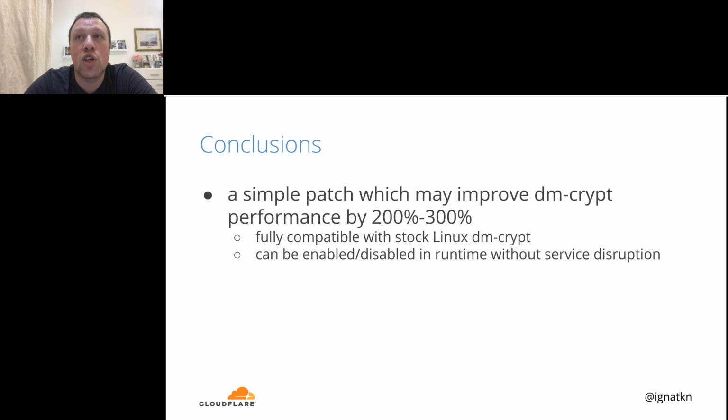We just changed the implementation of dm-crypt itself, and we immediately get the performance gain. And moreover, it can be enabled or disabled at runtime without service disruption, so we can have a safe switch. If something goes really wrong, we can quickly disable it without affecting any of our services.